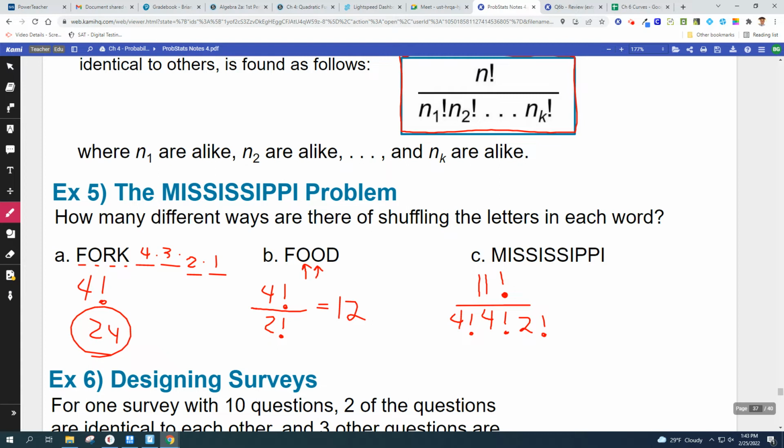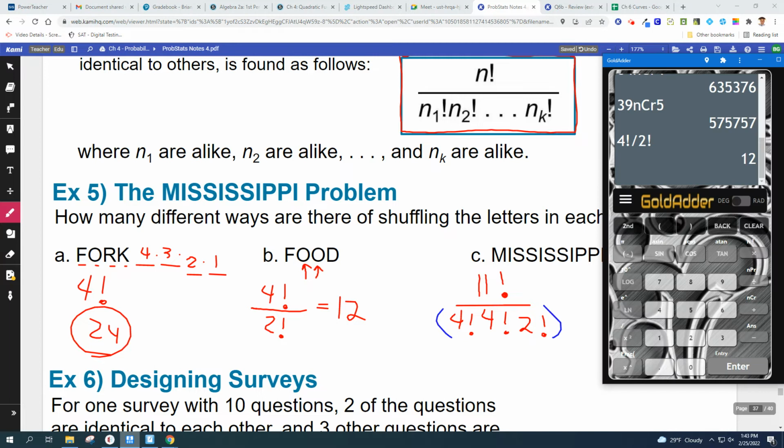Now, you need to be really, really careful on your calculator, because most calculators, if you don't put parentheses right here when you type it in, it's going to mess up your order of operations. This one actually works properly, but most other ones do not.